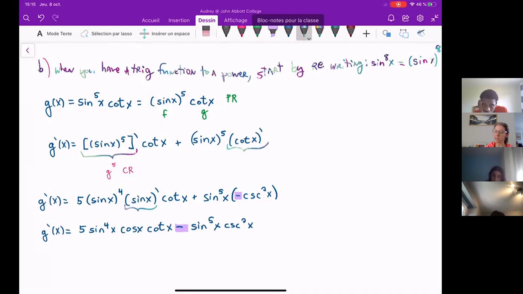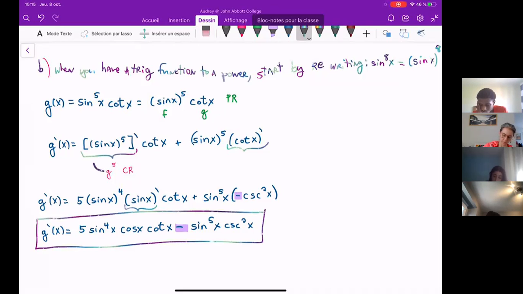Now I could simplify this if I wanted by reusing my reciprocal identities and rewriting cosecant and cotangent, but I'm not going to ask you guys to do that. I'm just going to show you how it would be done in case you want to know, because sometimes it's helpful.